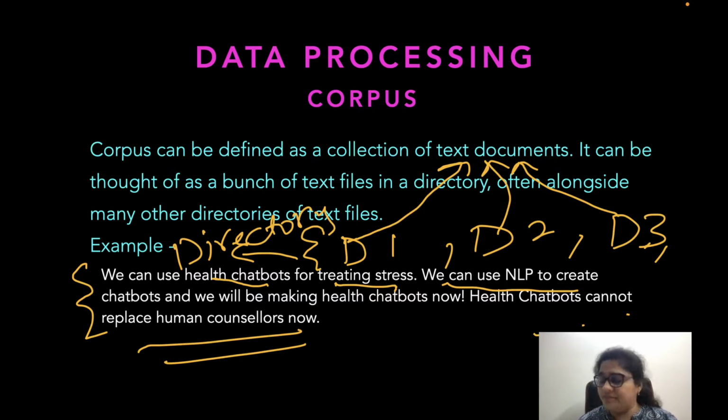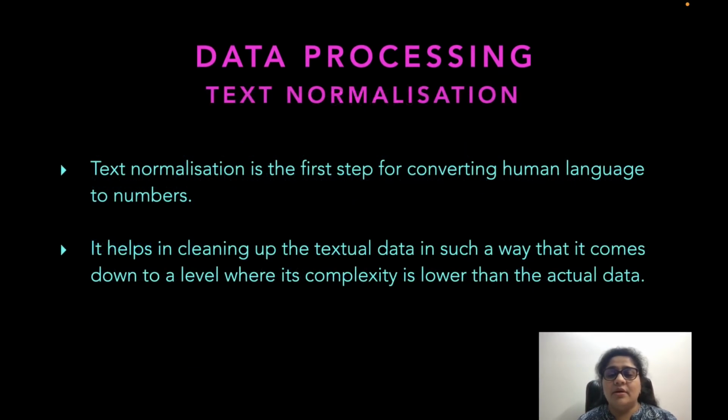All right, so let us move from here. Here is the actual core first step of data processing, which is text normalization. As I have written here, text normalization is the first step for converting human language to numbers. Now, what does it do?